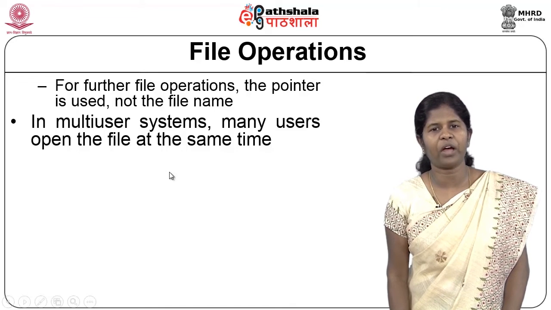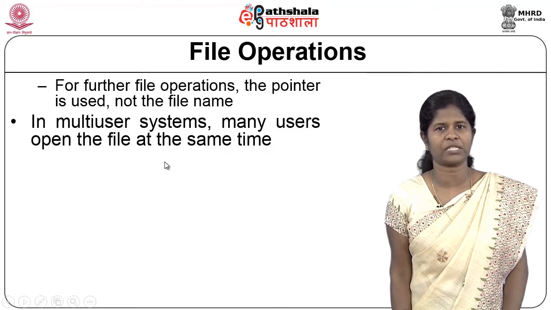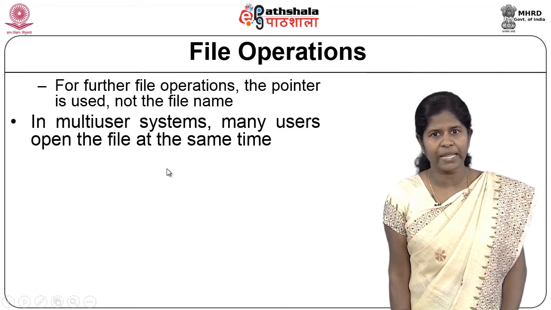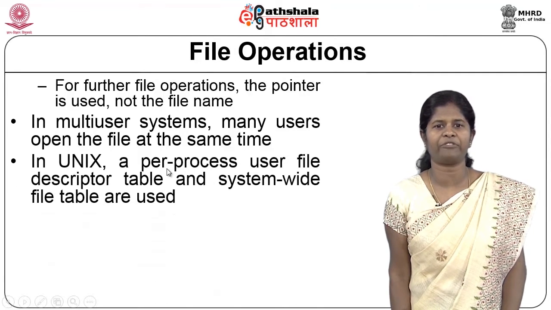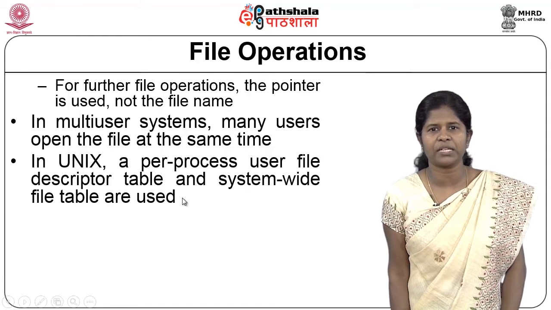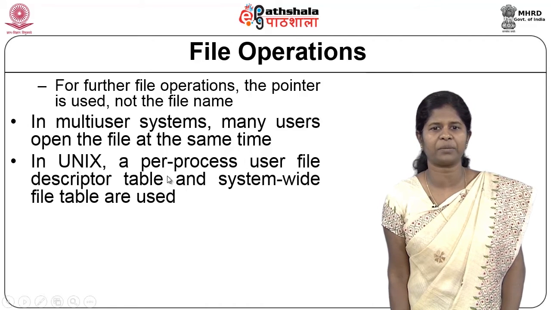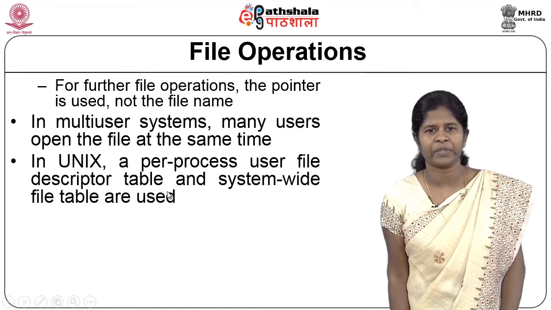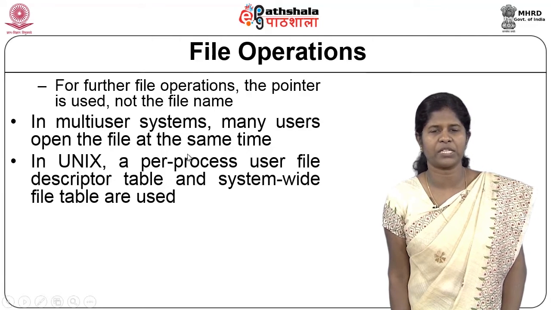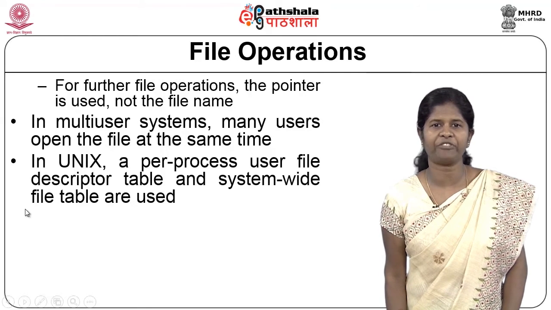If you have multiple users using a particular system, then it is possible that many users can open the file at the same time. Say for example, in Unix, a per process user file descriptor table is maintained. That is, each process will have a user file descriptor table, and there is a system wide file table.